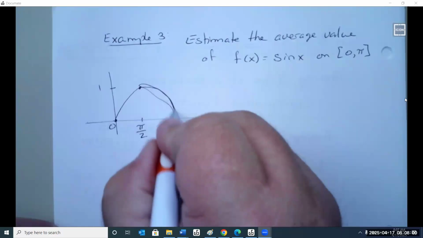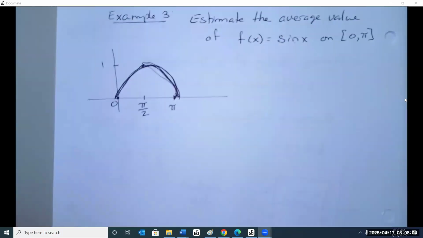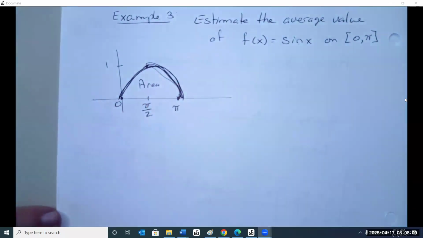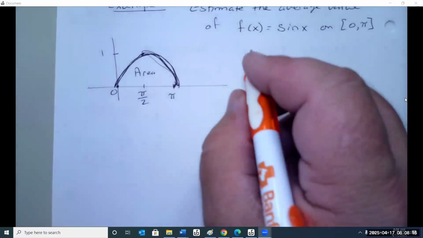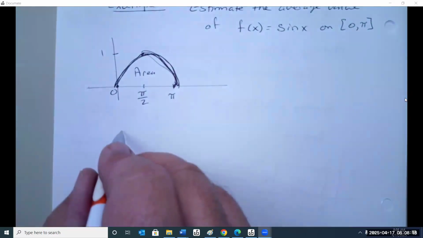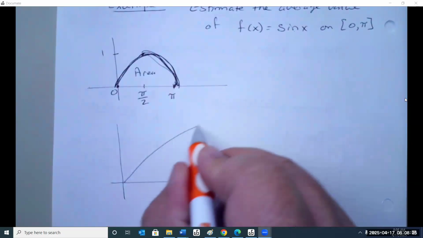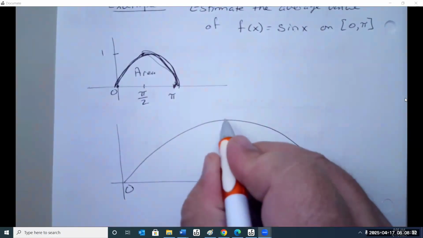We have to figure out what the area underneath this is. So to follow what we did last time, I need more space in my graph. From 0 to pi, and the highest point.